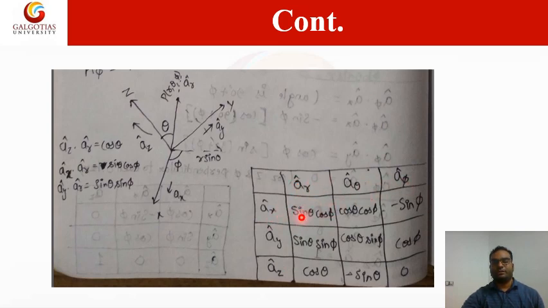So ax dot ar is sin theta cos phi, ax dot a theta is cos theta cos phi, ax dot a phi is minus sin phi, ay dot ar is sin theta sin phi, ay dot a theta is cos theta sin phi, ay dot a phi is cos phi, az dot ar is cos theta, az dot a theta is minus sin theta, az dot a phi is 0. So here we can solve accordingly.